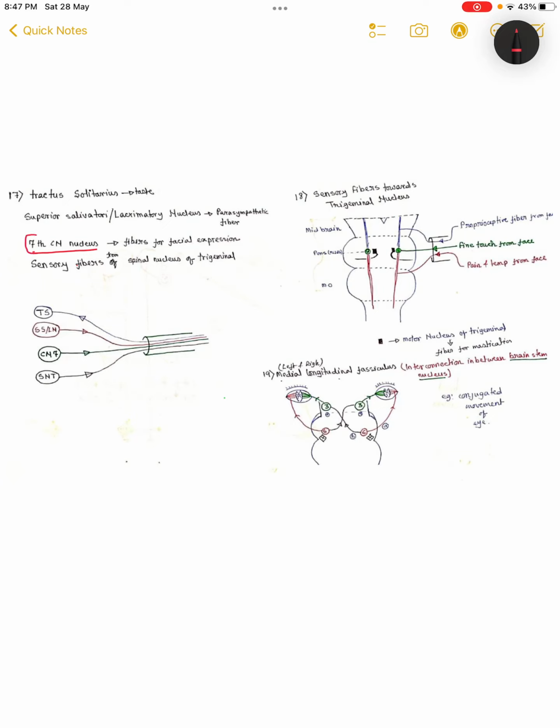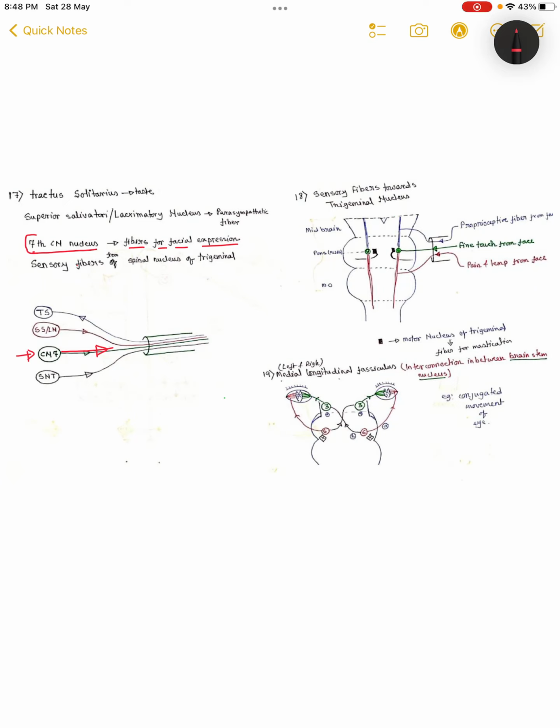Remember, again, see in this mini diagram, this facial nerve nucleus has many accessory nucleuses. The facial nerve nucleus mainly has fibers for facial expression. So what kind of fiber are these? Efferent fibers. So this is our efferent fiber going like this.